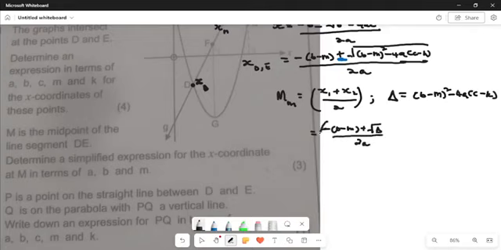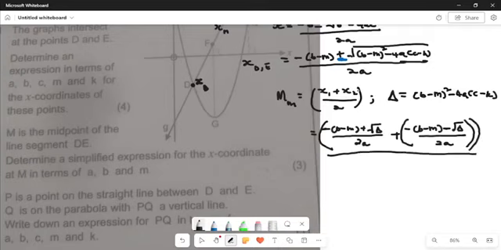This is our first x value, then plus negative (b minus m), then minus the second solution, the square root of delta. All of that is divided by 2a. And then that whole expression is still divided by the value 2 from the midpoint formula.